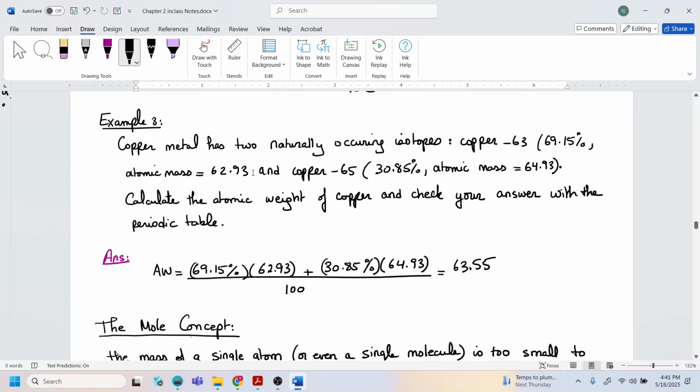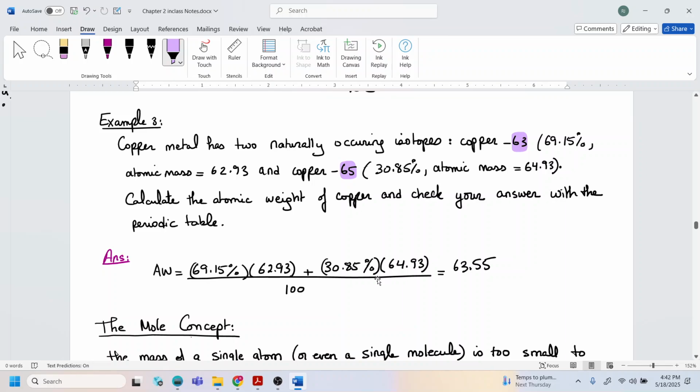This is a third example, which you are going to do the same way. We have copper 63, but here I'm representing the copper in a different way. I just want you to be familiar with that. So copper 63 and copper 65 are two isotopes of copper. You have the percentage and the mass for one, and then the percentage and the mass for the other.